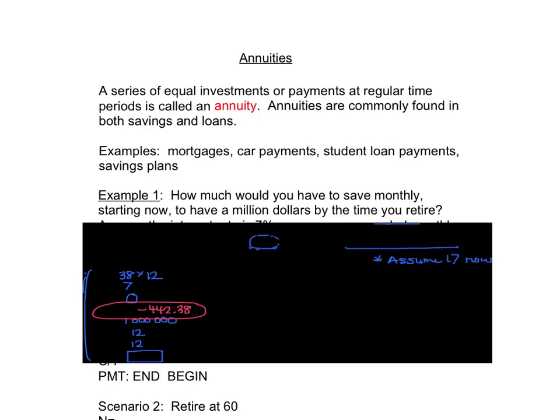Now, note that the reason the payment value comes up as a negative is because that's money that you would be paying out of your pocket, basically, to put into this savings. So it comes up as a negative value anytime it's money that you are actually paying out of pocket.